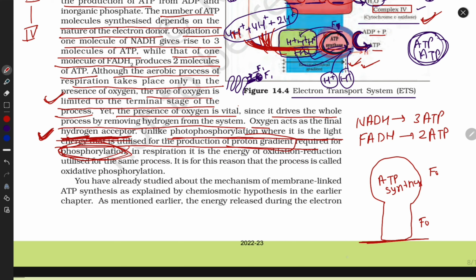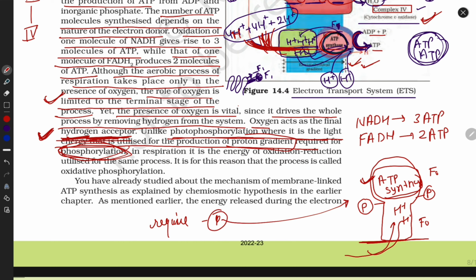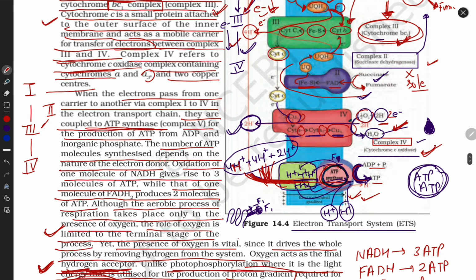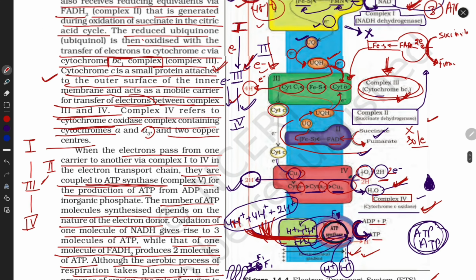We know that hydrogen ions come, but without phosphorylation this pump is not activated. So then this pump is activated. After activation of this ATP synthase, the hydrogen ions participate and form ATP. ADP changes into ATP. So this is all about your ETS.